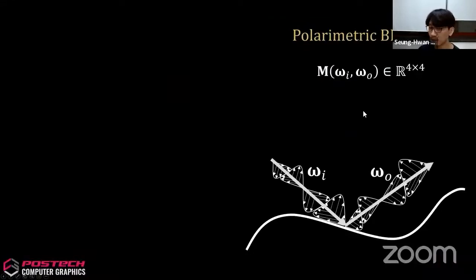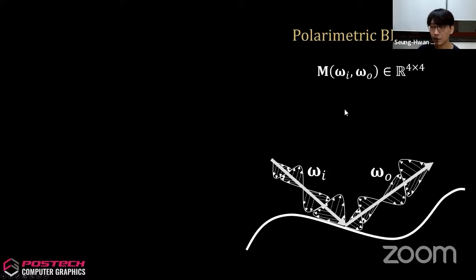Polarimetric BRDF is the concept that tells you how the light polarization is changed after reflection on an object surface, for a given arbitrary incident direction of light and an arbitrary outgoing direction. The polarimetric BRDF, or pBRDF, describes that as a function.